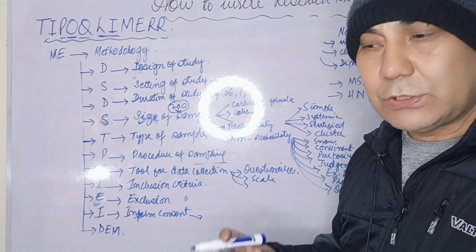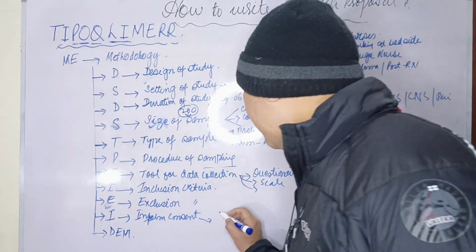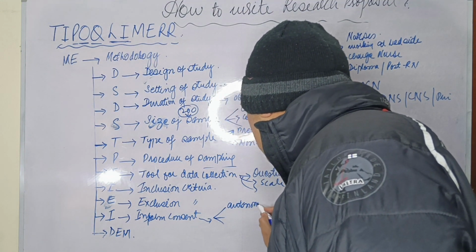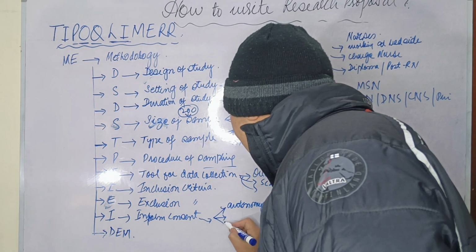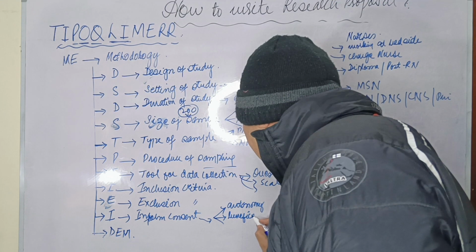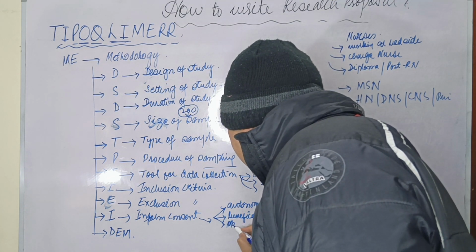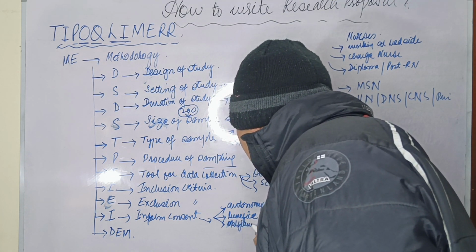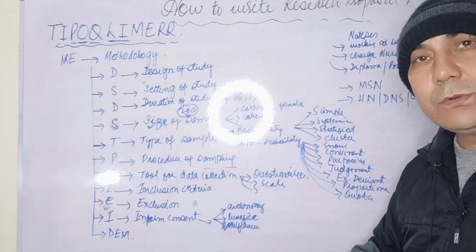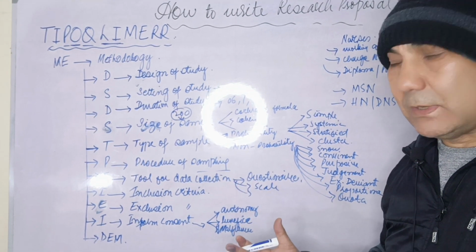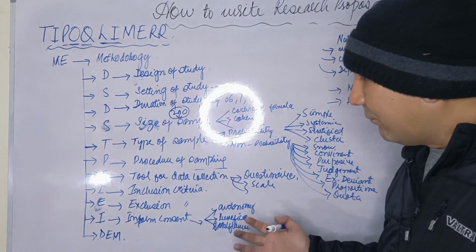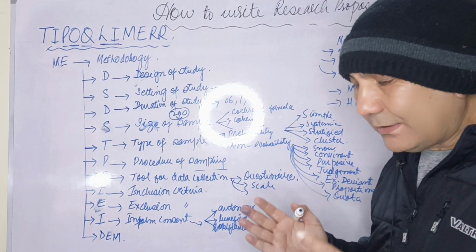What should be mentioned in the informed consent? It should address autonomy, beneficence, and nonmaleficence. In the informed consent, you should explain about yourself, what study you would like to conduct, and the research study design.